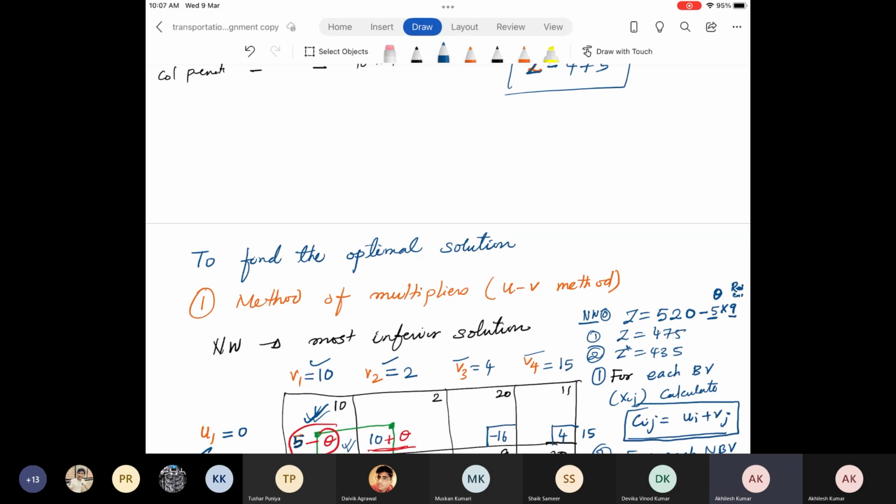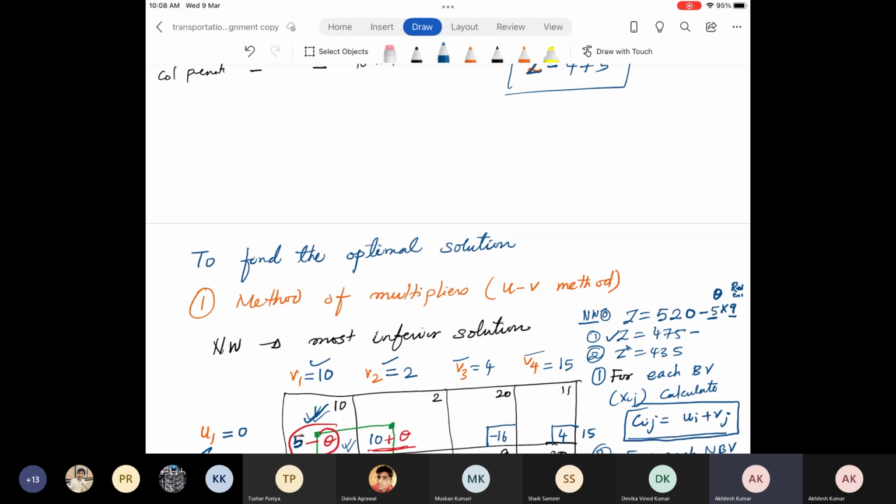So 9 into 5 is 45, and 520 minus 45 equals how much? Is it that difficult mathematics? Tushar, are you trying to say something? Am I audible? So 475. That is your first iteration value.